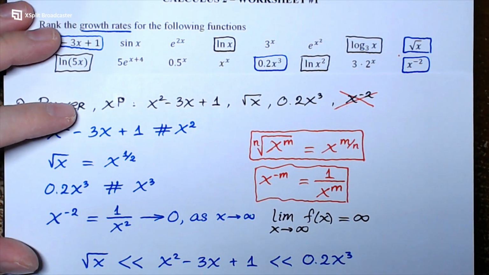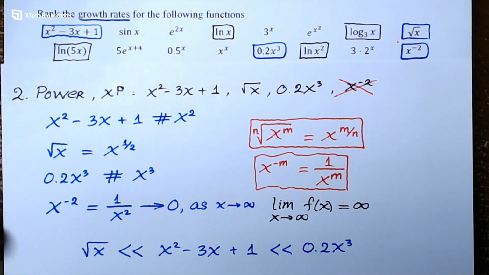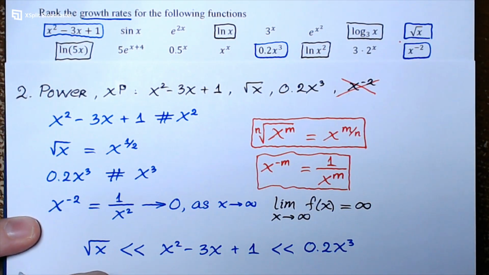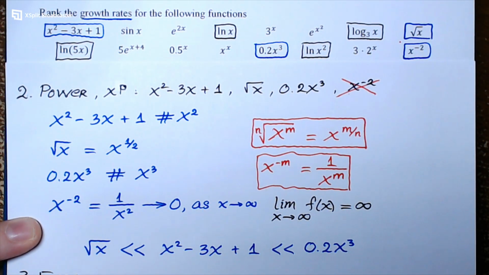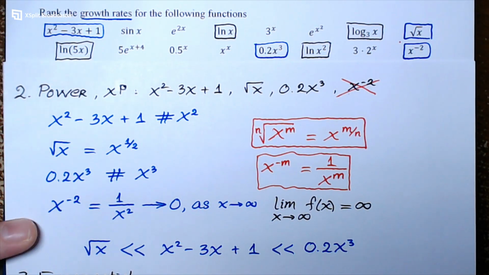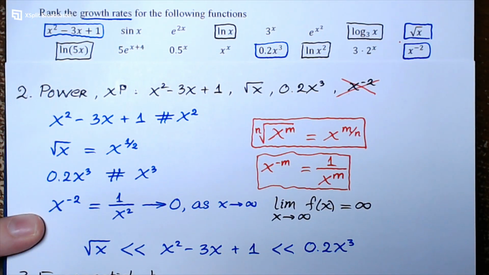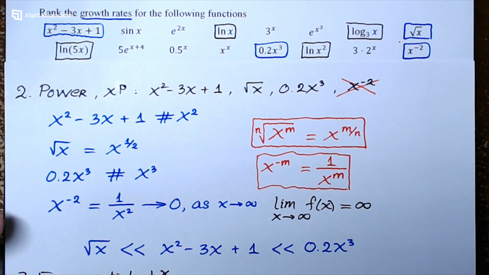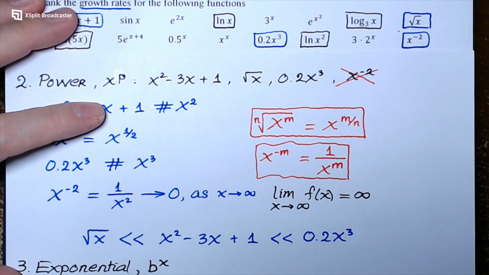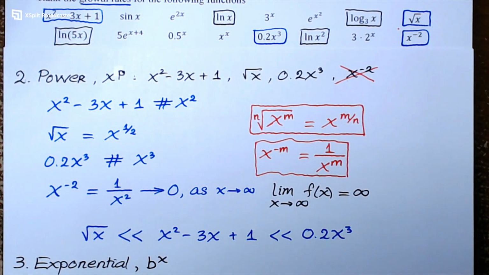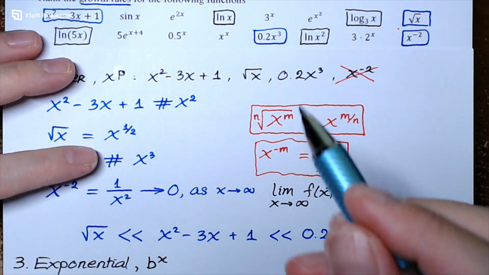Now let's take a look at exponents. Number 3 will be exponents. Exponential function, which is some base to the x power. Okay, now let's see what do we have.